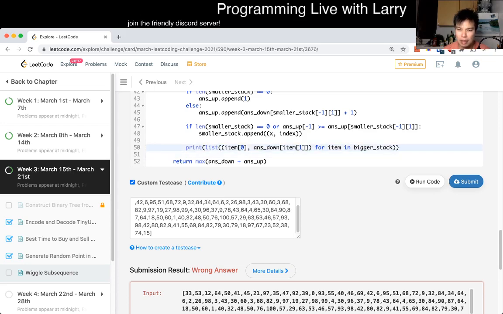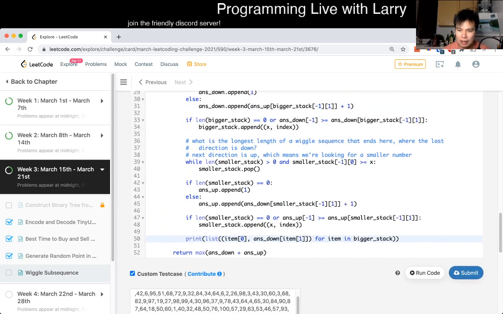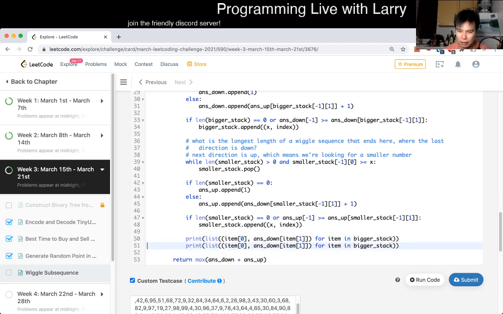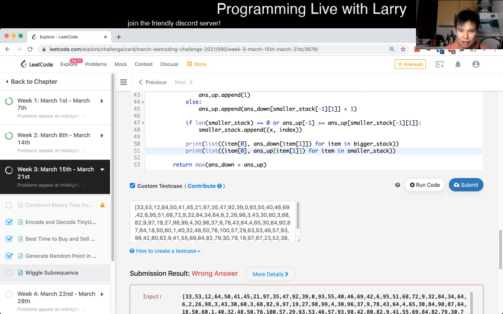Did I mix up the stacks? No, it seems okay. Let's also print out the smaller stack. Is this the entire number list? No, it's not.